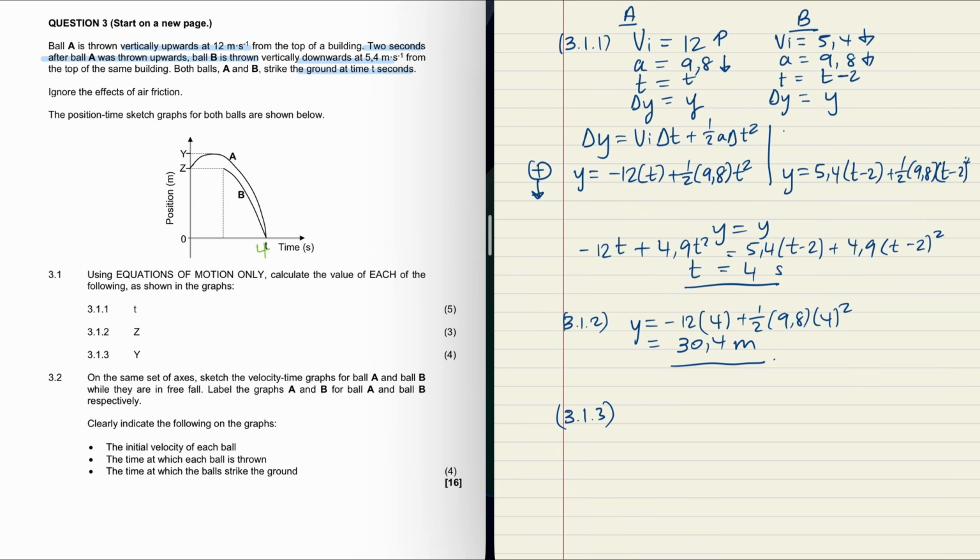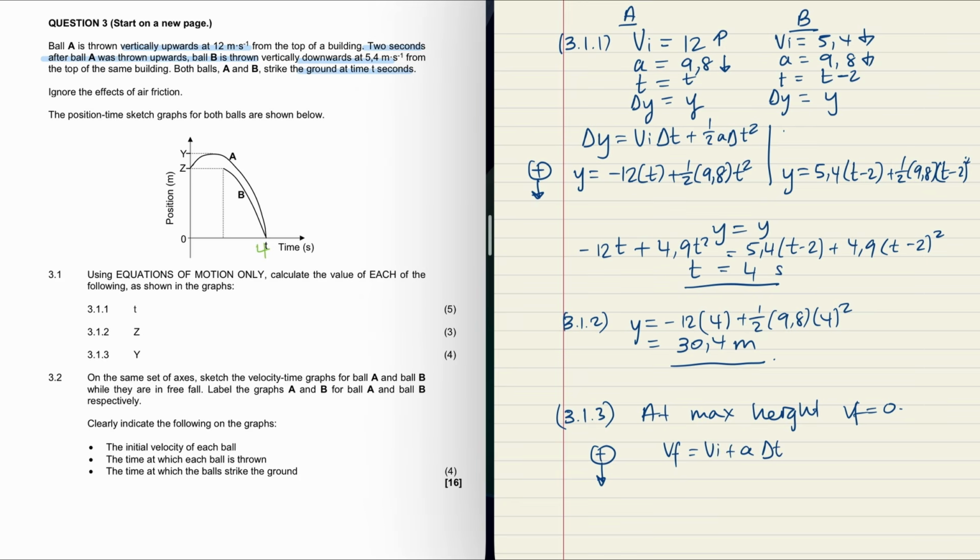3.1.3. They want us to solve for y. So y is basically the maximum height of the movement of A. So at max height, I know that Vf is equal to 0. Now, assuming I'm trying to keep the direction constant here, down is going to be positive. So I'm going to say Vf is equal to Vi plus A times delta t.